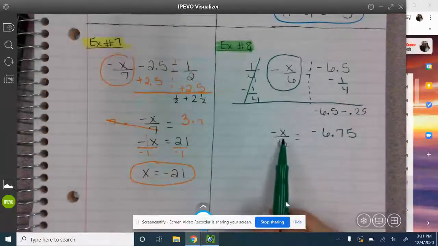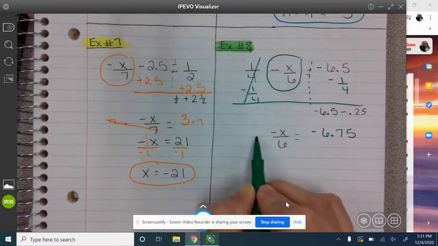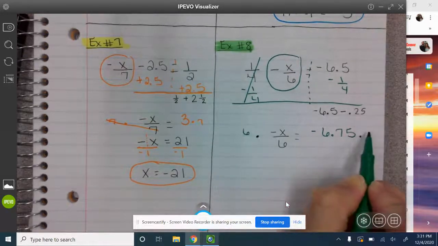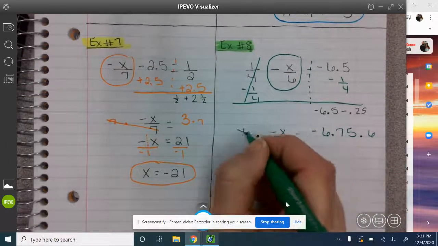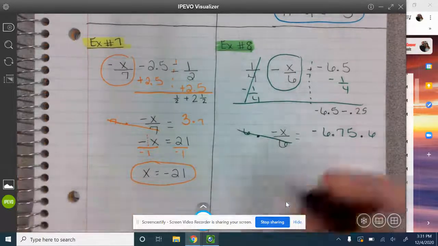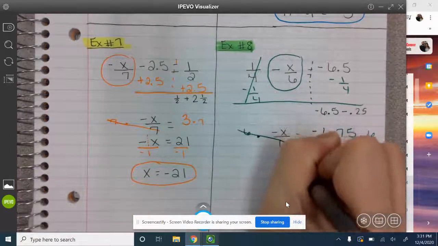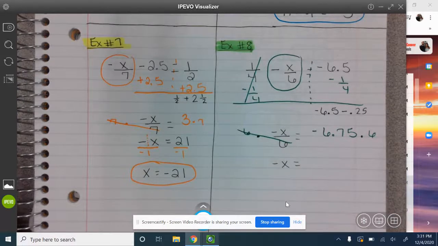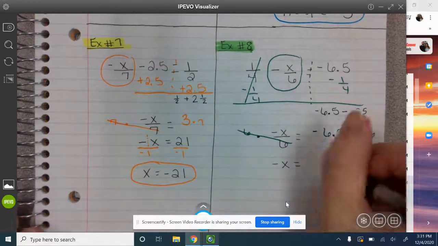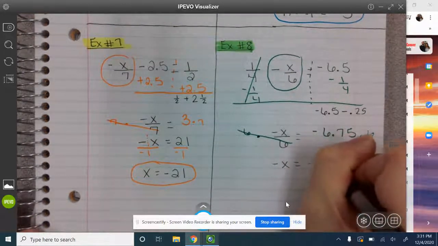Well, this 6 on the bottom, this dividing by 6, is causing me a problem. So we're going to multiply by 6 to get rid of it. Those cancel out. So we would have negative x equals negative 6.75, I'm so sorry, times 6 is going to give me negative 40.5.